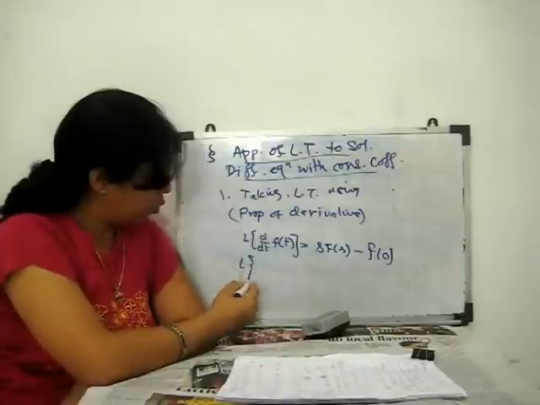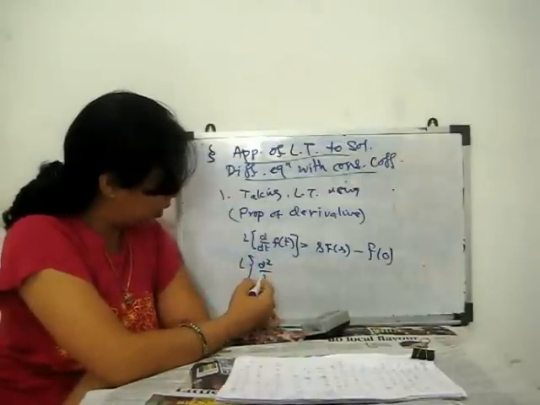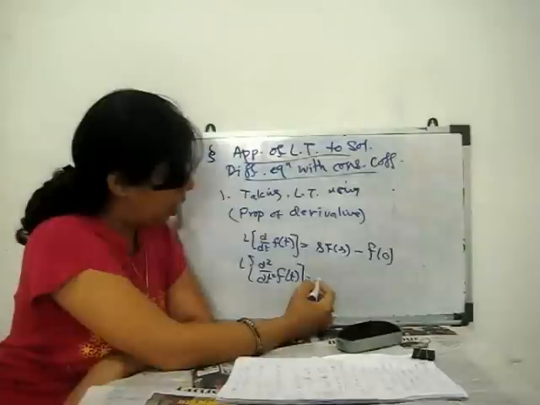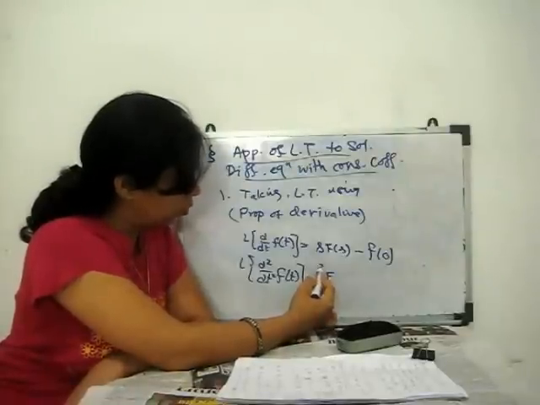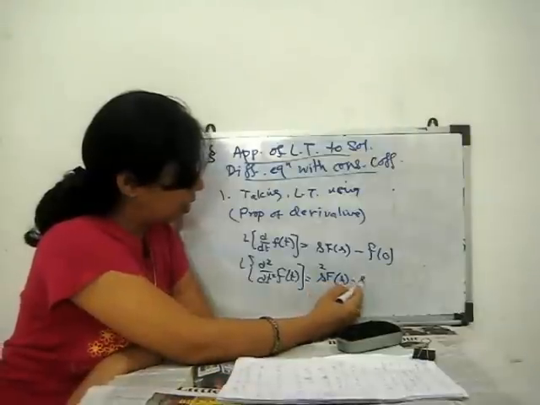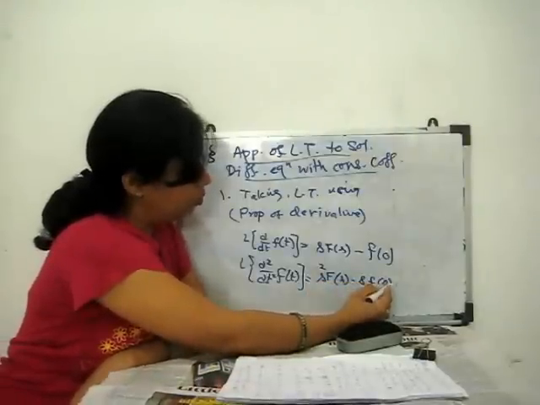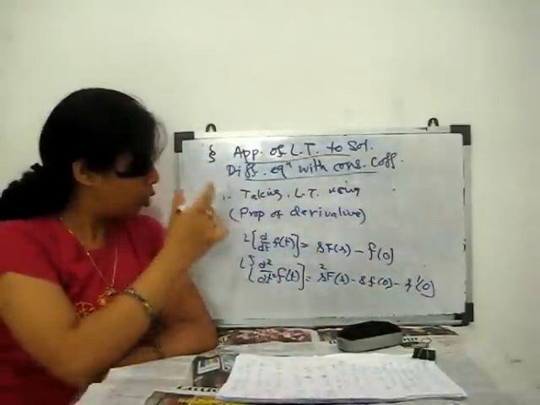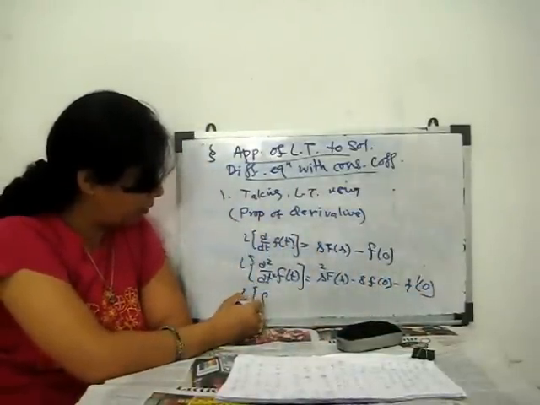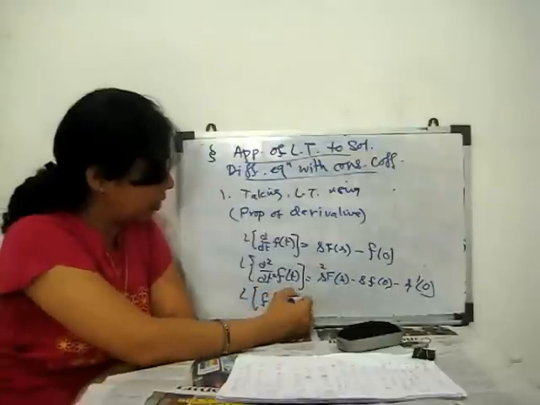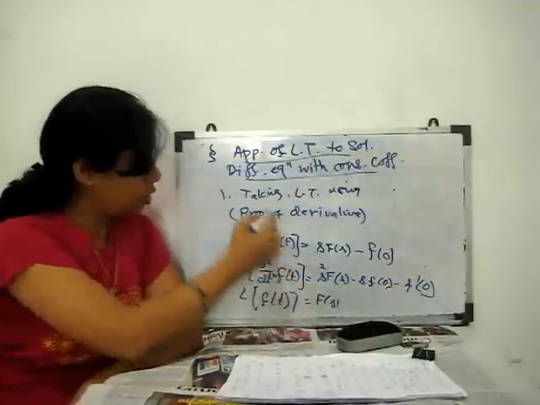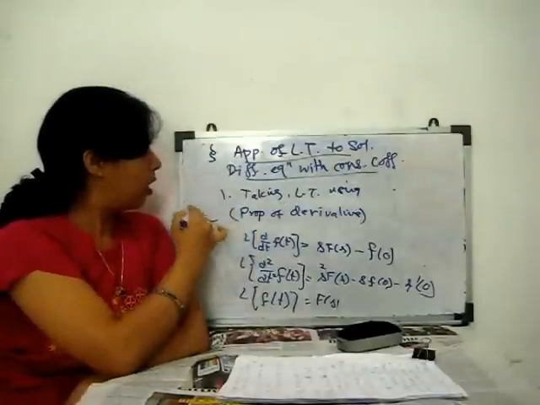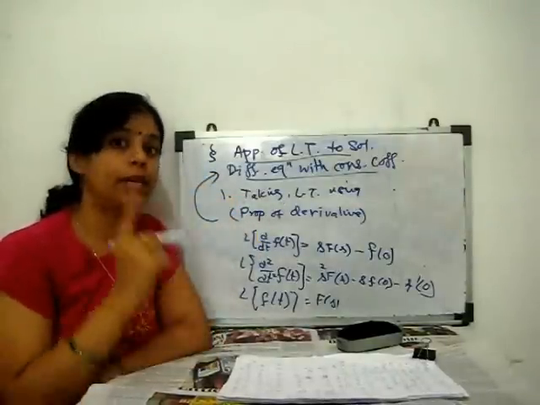Then if we have the second derivative d2 by dt square of f(t), so s square F(s) minus s f(0) minus f dash of 0. And simply Laplace transform of f(t) is F(s). So we use property of derivative for taking Laplace of each term.